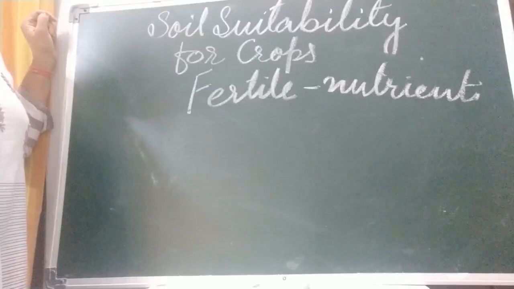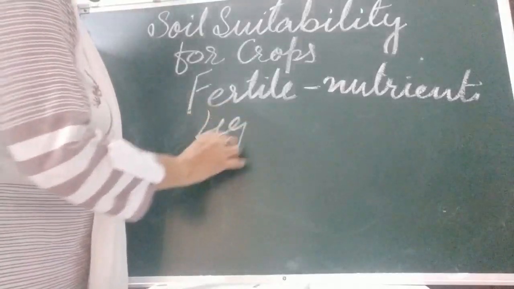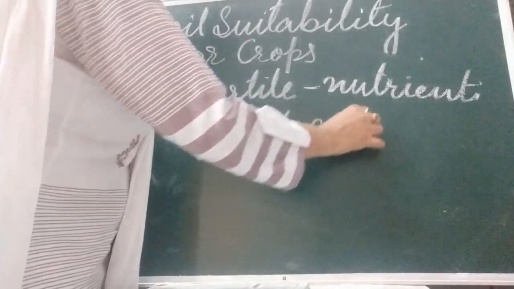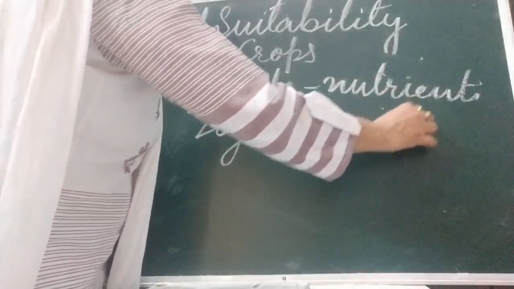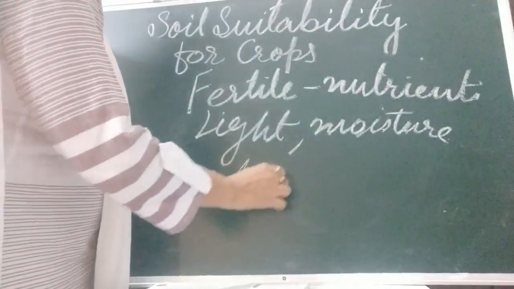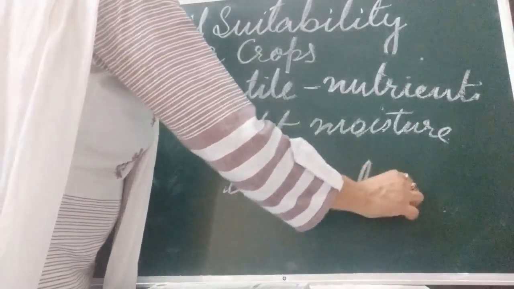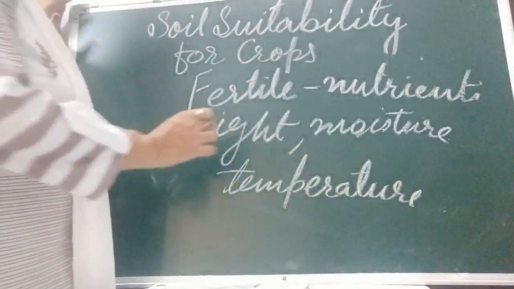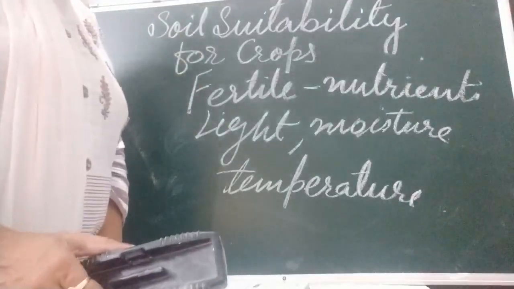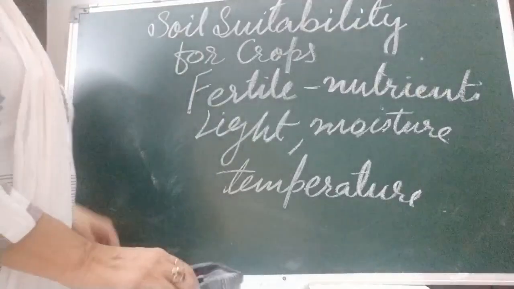For plants to grow well, factors such as light, moisture and temperature are important. There are many factors associated with the growth of plants; soil alone is not sufficient to grow them.